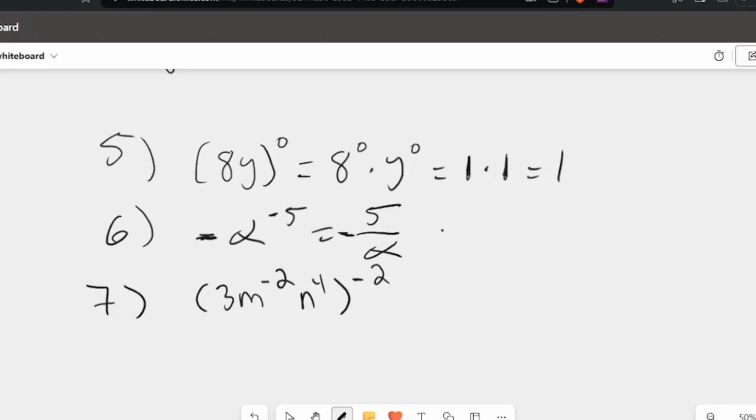Now again, we've got to do this procedurally. I always tend to like to do my powers first, and it just makes the most sense. So, say we take each member, we associate it to the power. So negative 2 times negative 2, that would give us positive 4.